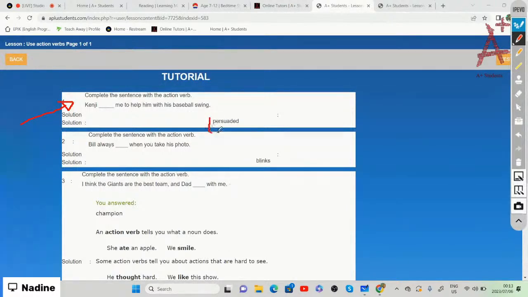It's like saying, please help me with my baseball swing, I will give you sweets, or we'll play with my Xbox or my PSP. It won't be long, just 30 minutes. It's like persuading somebody. So Kenji persuaded me to help him with his baseball swing.